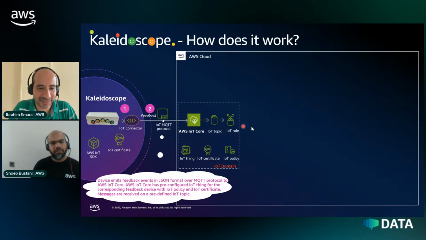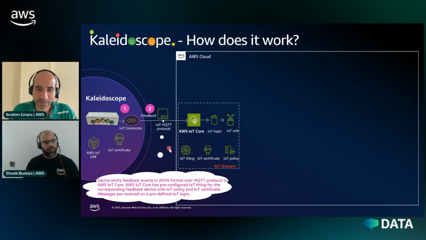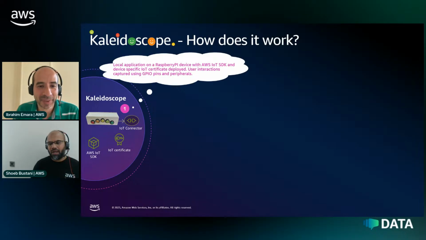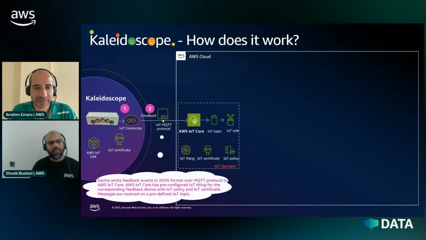Once the button is pressed, going back to the previous slide, when you click on that, the light comes off. But actually, what happens is it creates an IoT MQTT message, sorry, a JSON message, which is transmitted over the MQTT protocol using mutual authentication, and that goes to AWS IoT Core.